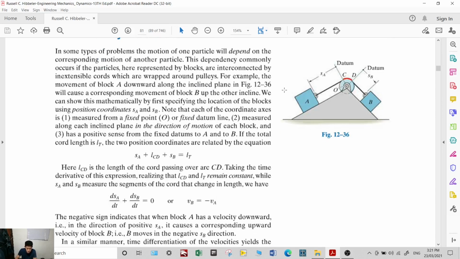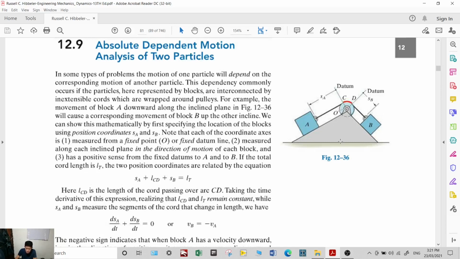In order to analyze this, consider Figure 12-36, wherein you have particles or objects A and B. These objects A and B are tied by a cord, running from A, through C and D, to B. Again, our objective is to define the position, velocity, and acceleration of these particles.